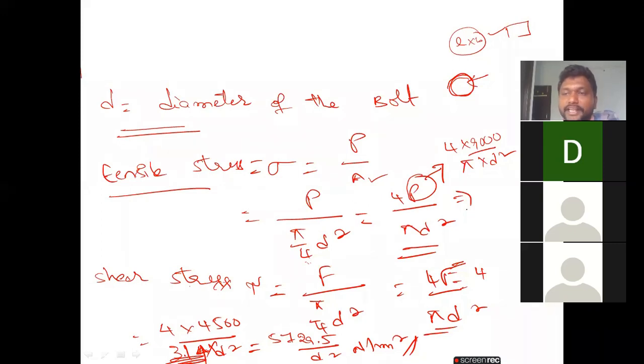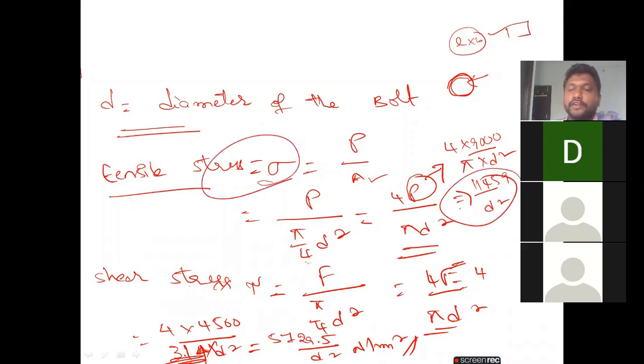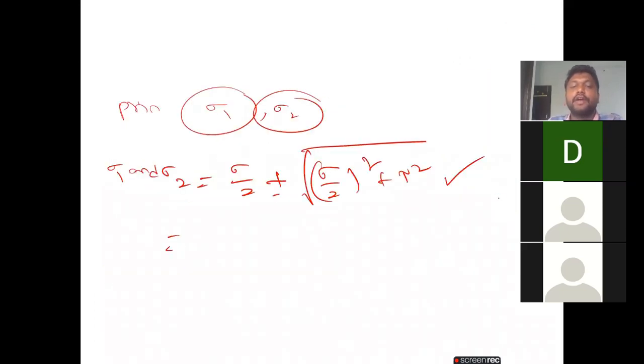If my teaching is very fast, you can say please explain slowly. If you catch my teaching, no problem. So what is the value? 11,459 by d square. So here the sigma value is there and the tau value is also there: 5729.5 here, 11,459 there.